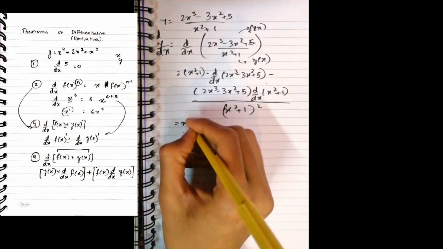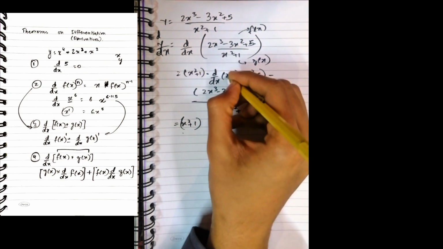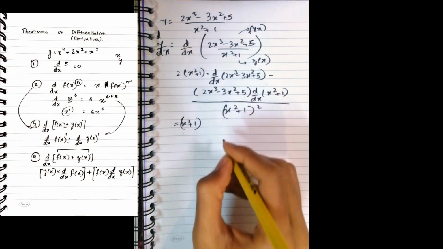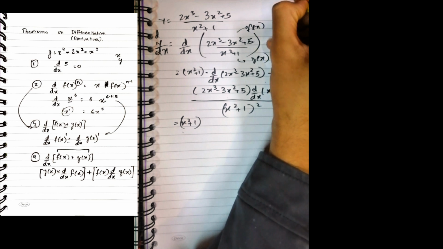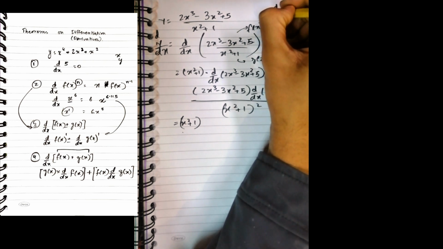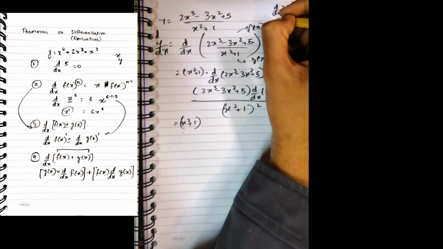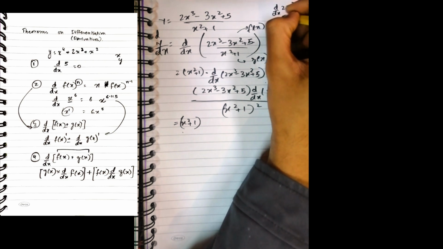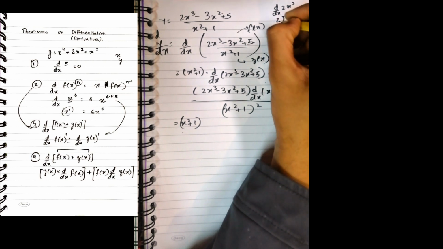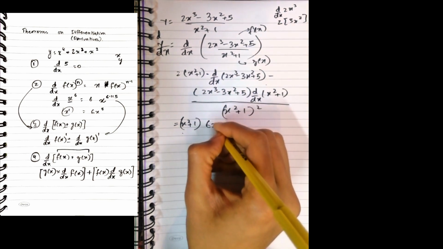Now what do we have? x squared plus 1. If you see, this is 2x cubed and it is being multiplied by the differential, so the 2 is a constant, so 2 stays in the first place. Then we have the power 3, 3 minus 1 is 2, so 2 times 3 is 6, we are getting 6x squared.